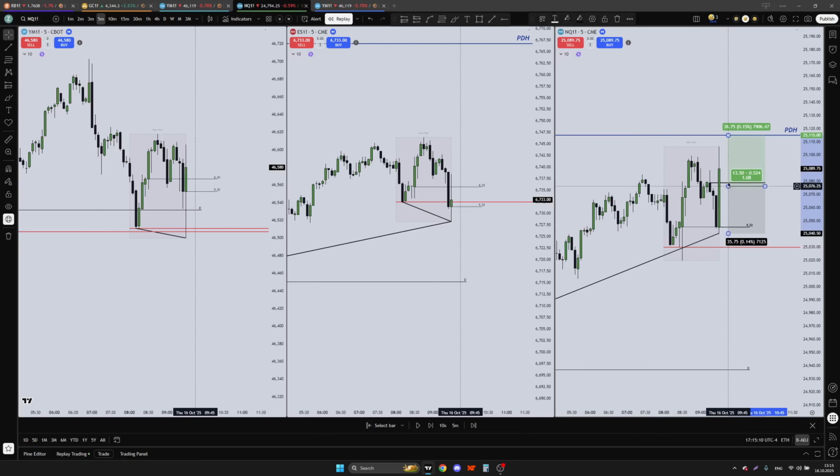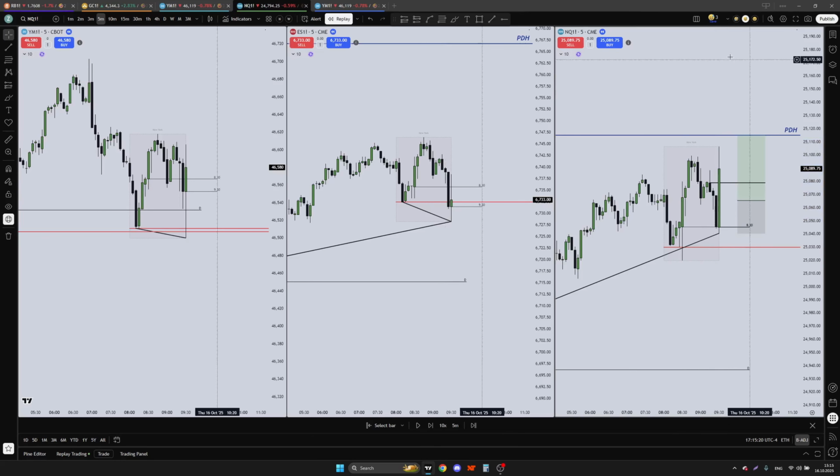But the only reason I didn't enter like that is because I cannot get my 2R towards my target. I'm not going to do 1R or even less than that. And I didn't put my limits here because we were already kind of close. I really want to see that retracement and then go like that.